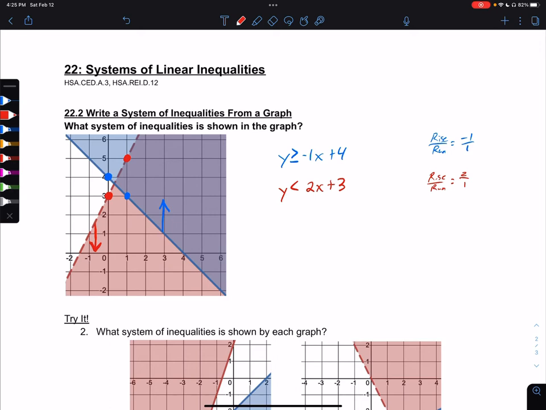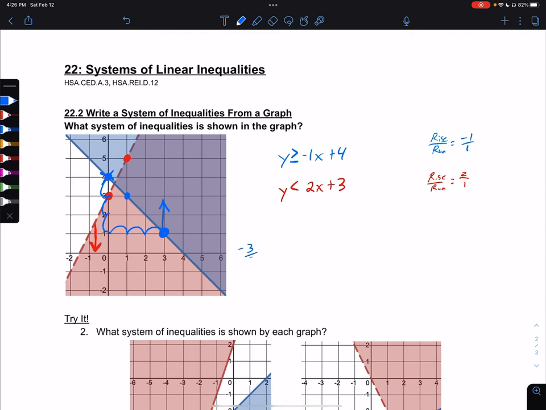Now, one of the things you want to keep in mind when you're looking for slope, you don't always have to pick the points that are right next to each other. Let's say instead, for the blue line, I'd use this point here, our original y-intercept, and maybe I skipped that first point and thought, there's a point here. If I go from my y-intercept to there, I'm going down 3, and I'm running 3.